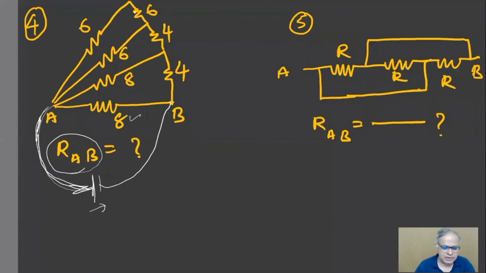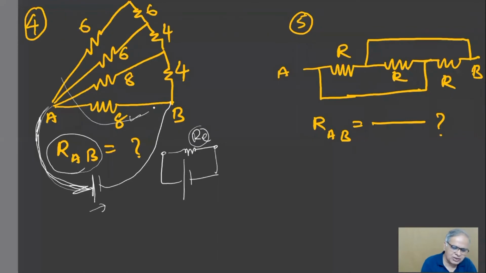Between A and B, I'll connect one R, which I call RE. So the current in the cell when RE is there and the current in the cell when all these branches are there are the same. That's what you mean by equivalent resistance.